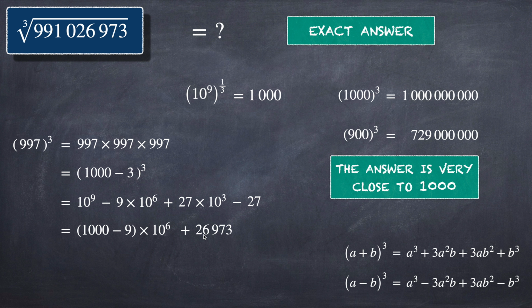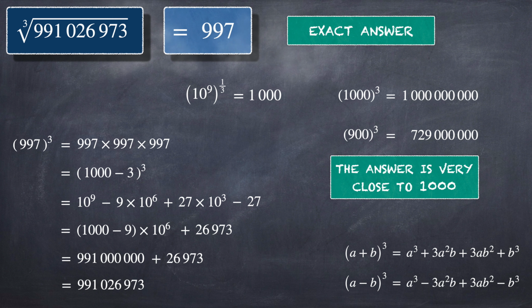So the result will be 26,973. 1,000 subtracted by 9 is 991 times a million, so 991 million plus this term, and the result is 991,026,973, which is the number inside the root. So instead of this huge number, we can write 997 to the third power. This power will cancel out with the cube root, and the answer is 997.